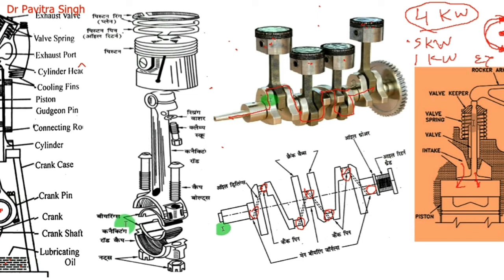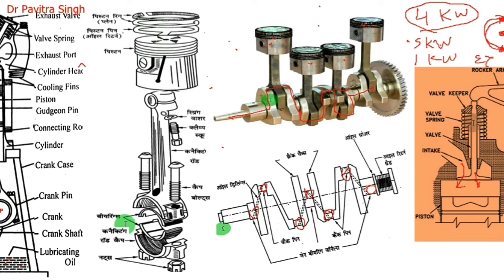When this rotates, it will push or lift this cam follower. This is pin jointed with this rocker arm. When this goes in the upward direction, since it is pin jointed, it will form a couple.